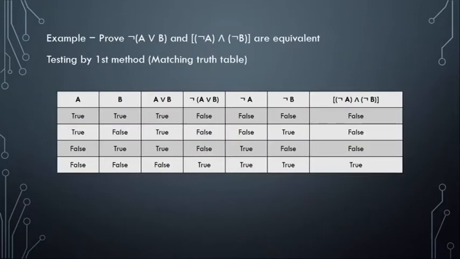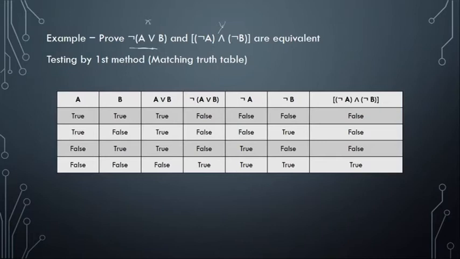So let's take a look here. Let's prove that these propositions are propositionally equivalent. Let's say this is proposition X, and this is proposition Y. We need to prove that these two propositions are propositionally equivalent, so they have to meet the conditions.